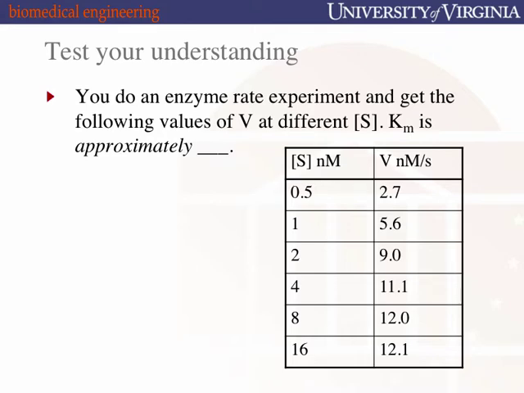This is substrate concentration. Km is the concentration that gives us half Vmax. That's the definition of the Michaelis constant, okay? It does not equal half Vmax. It equals the substrate concentration that gives rise to the half max based on that enzyme's activity.